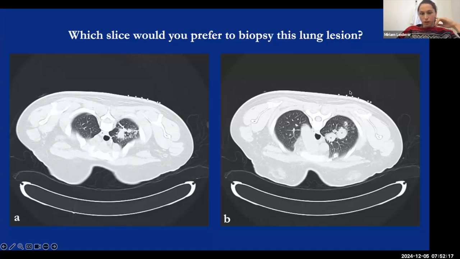And so if we biopsy through here, then we're going to go across the fissure, and that definitely increases the risk of a pneumothorax. So even if the lesion is larger on B, so it would be very easy to hit that with a biopsy gun, that is riskier. So we would pick A.